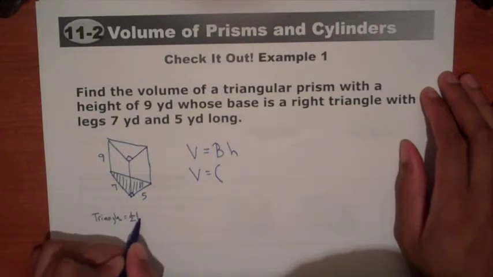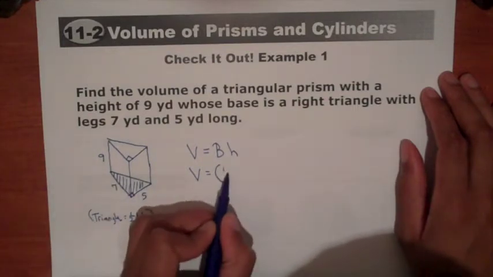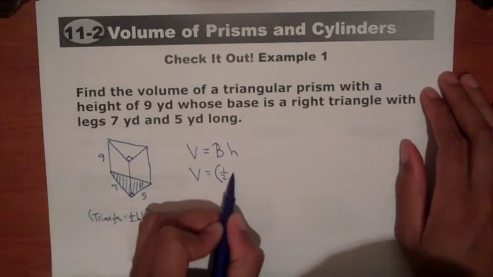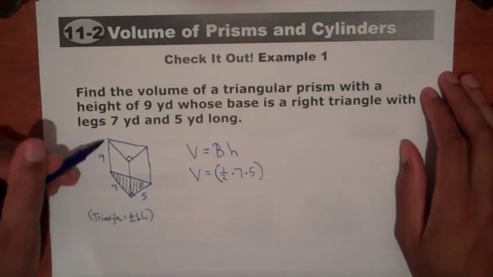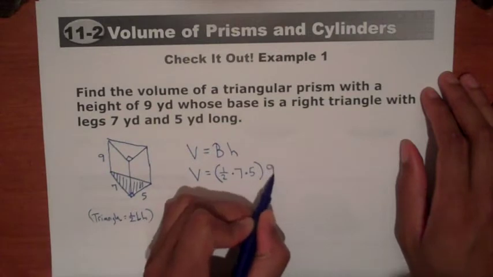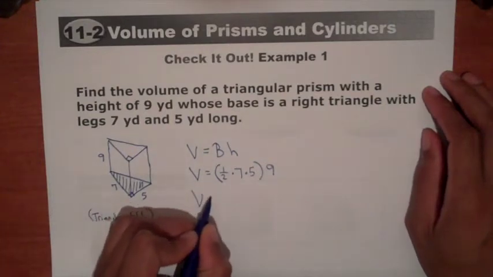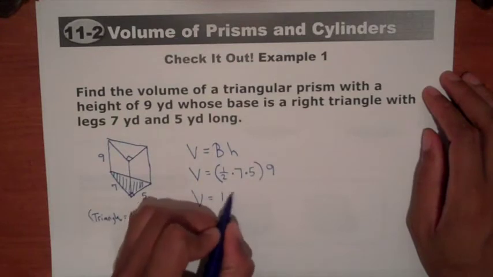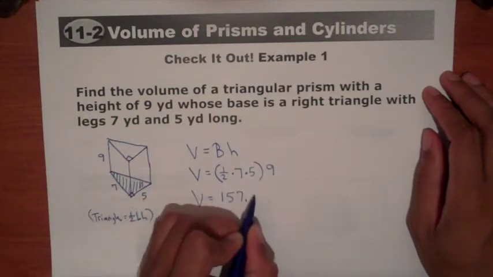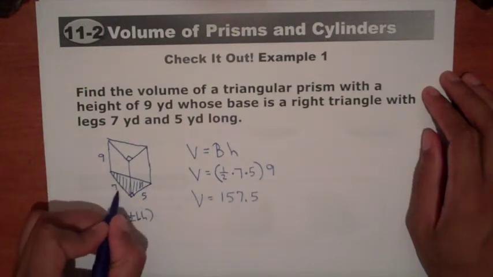So I'm going to do 1/2 times 7 times 5. That's the area of the triangle. And I multiply that by the height of the entire object, which is 9. So 1/2 times 7 times 5 times 9 gives me my volume, and I plug that in my calculator, and I get 157.5. And all of this happens to be in yards.